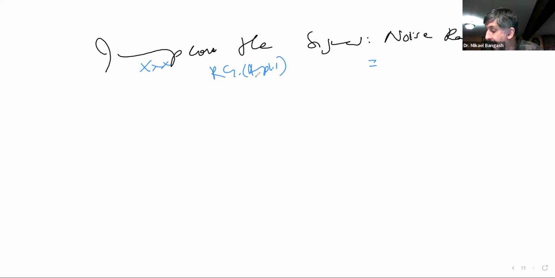Increase your power output. If that was increased, that was going to cause an improved signal to noise ratio.